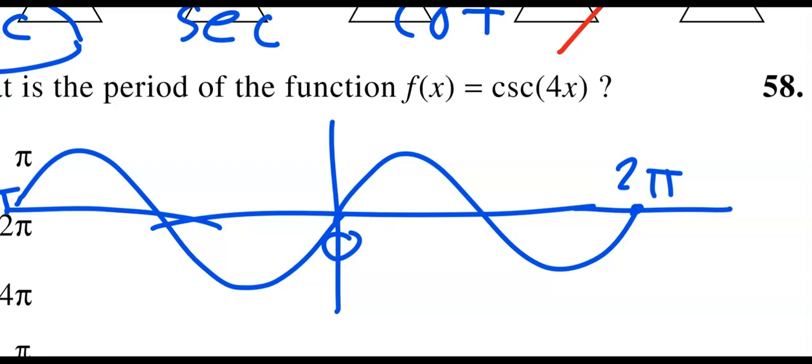If you shrink this by 1/4, this shape would have to complete the cycle in that amount of space. It's not half, it's 1/4. So if this is pi, this would be pi over 2. It completes, so they have shrunk this thing down.